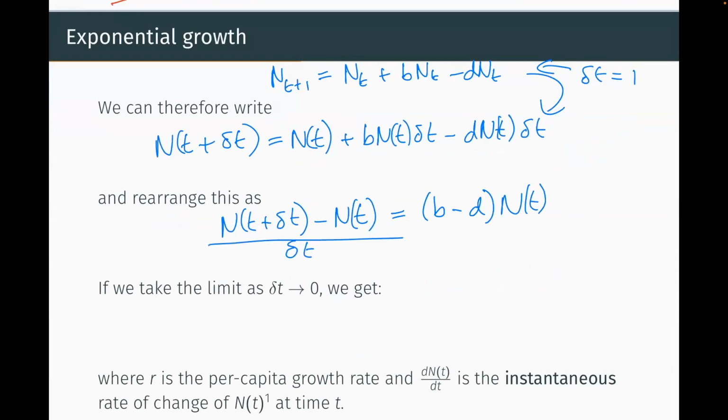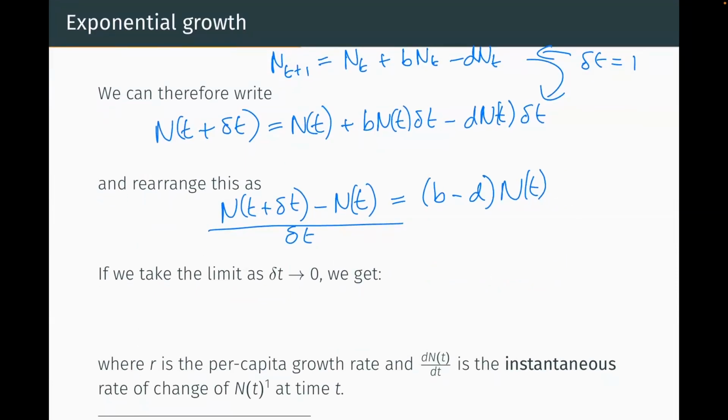Okay, so up until now, this is still in discrete time. I just have an arbitrary window of length delta t. Now I'm going to take the limit as delta t gets smaller and smaller, so as delta t tends towards 0. And as it tends towards 0, the left-hand side turns into our derivative.